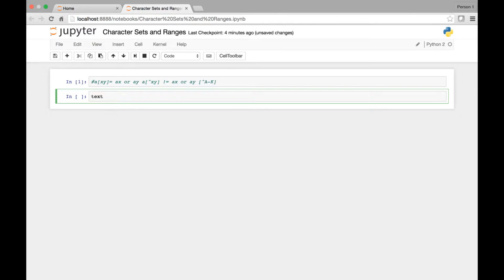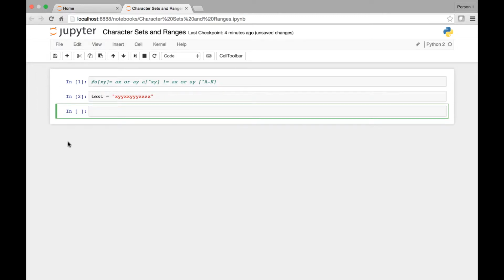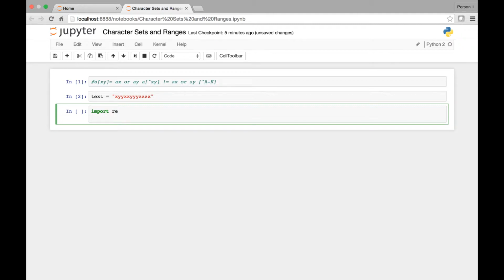Let's say I have a string XYY, XX, YYY, ZZZ, X. So let's match any character, any pattern XY, for example. We can do that. First, we have to import our re module.